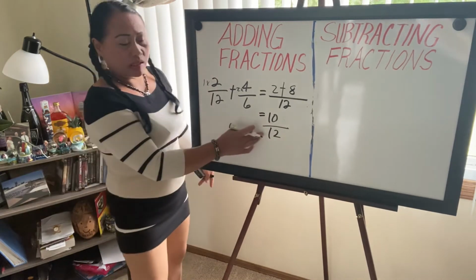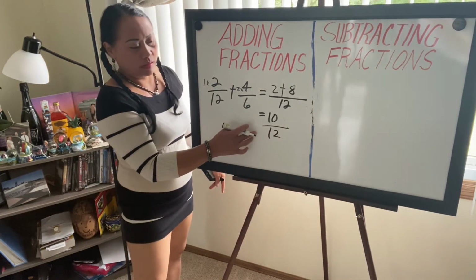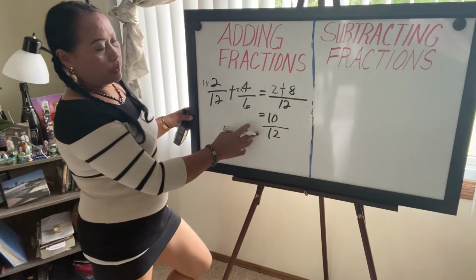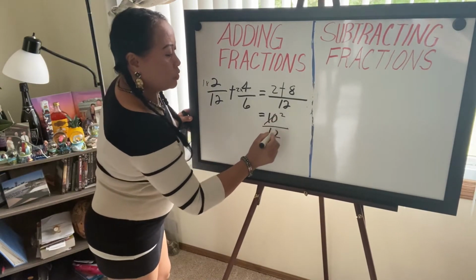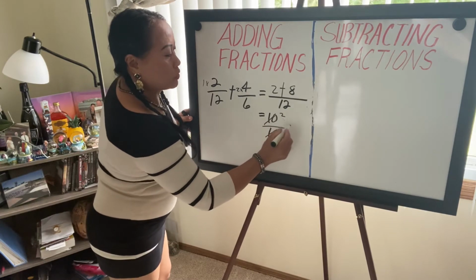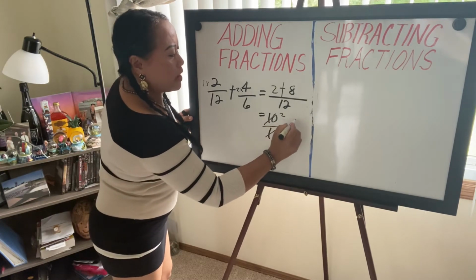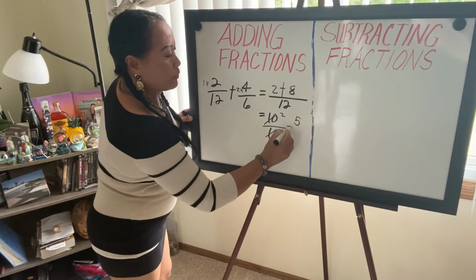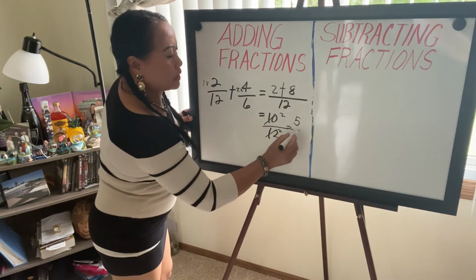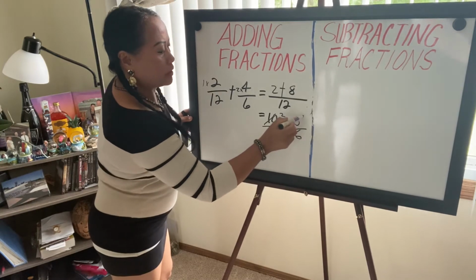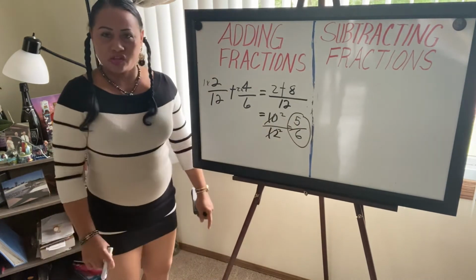Can we reduce this fraction? Yes. We can reduce this by 2. How many 2s in 10? 5. How many 2s in 12? There are 6. So the answer is 5/6.